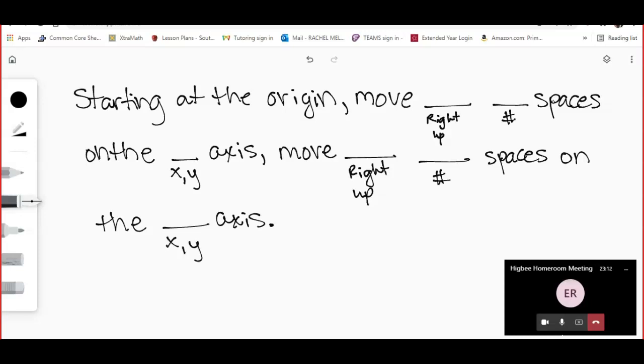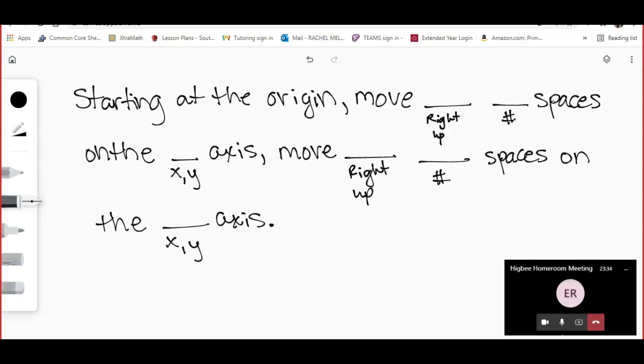Okay, so that's the words I want you to use today. I need to hear that you're starting at the origin. I need to hear the number of spaces, but I also need to hear that you're moving to the right or that you're moving up. And I also need to hear you using the X and the Y axis.